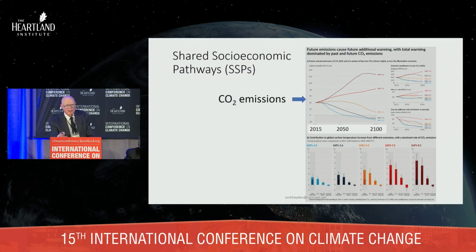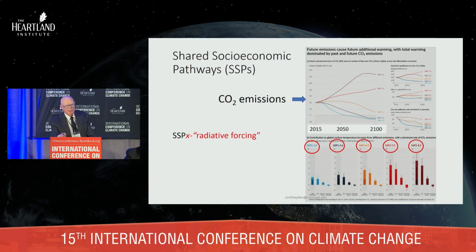Anyway, the upper graph up there talks about the CO2 emissions. It's the same graph I showed before, except in the graph I had shown before, I had put in readable numbers. Okay, but down below we have 5 different examples, and these are called SSPs, shared socioeconomic pathways. That has replaced RCP.